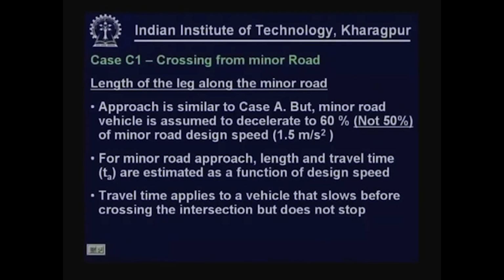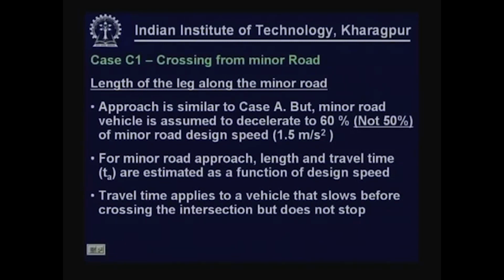Now, there are two possible sub cases, as I have mentioned right now: crossing the major road, and taking left turns or right turns. First case, C1, crossing the major road.